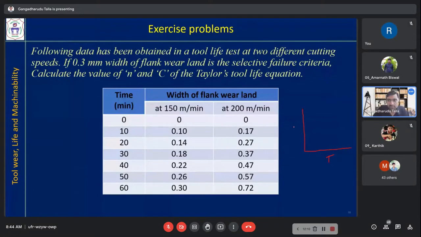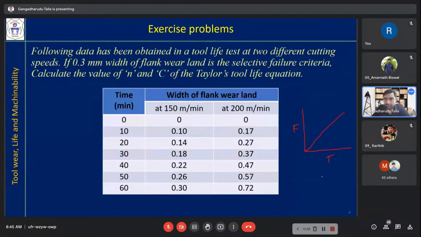You give some name, flank wear land. I think there is a standard term, but anyhow, if you don't remember, you can write it. For example, I am using flank wear land as F. So you draw this graph. At 0, it is 0. So let us say something like this. It is increasing.